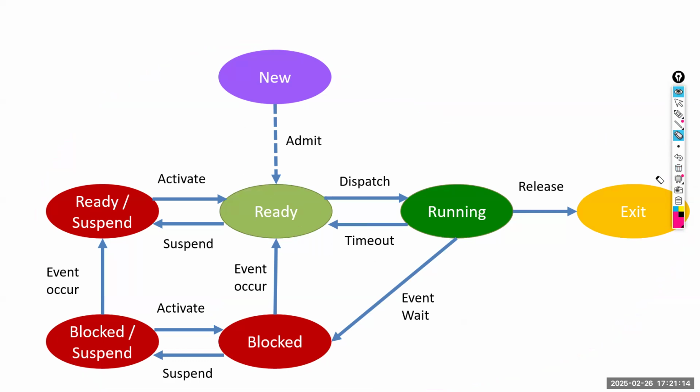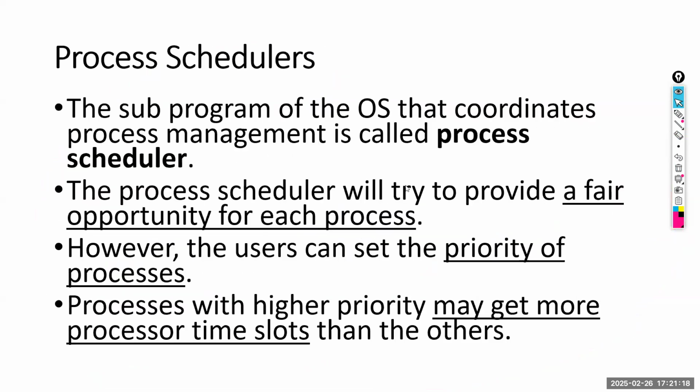So let's see what those schedulers are. All are under the operating system, and we call them process schedulers. The process schedulers' task is to give each and every process fair attention, and it must also honor priorities.